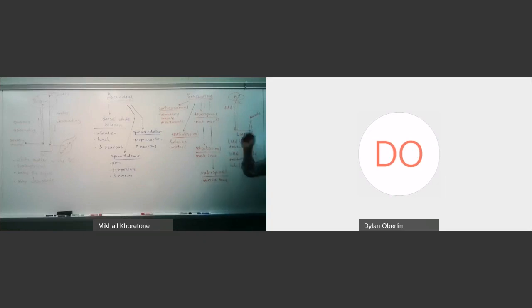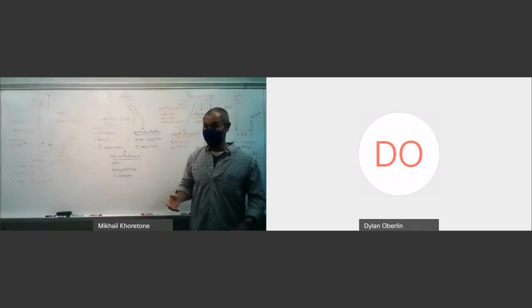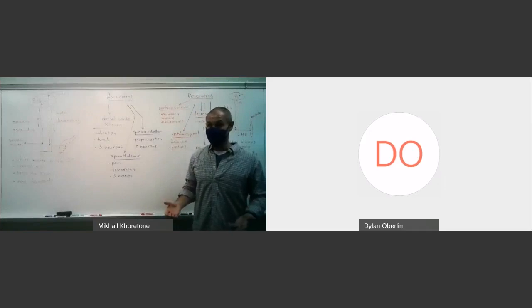Now, another upper motor neuron, which is inhibitory, will release inhibitory neurotransmitter on some other lower motor neuron. What's going to happen to that lower motor neuron if inhibitory neurotransmitter is acting upon it?